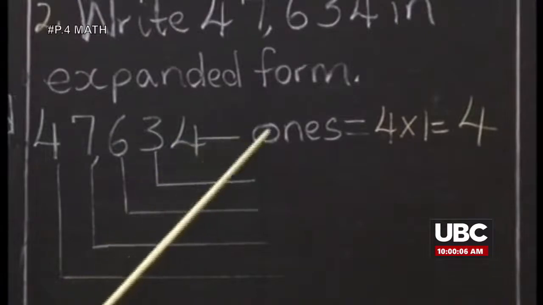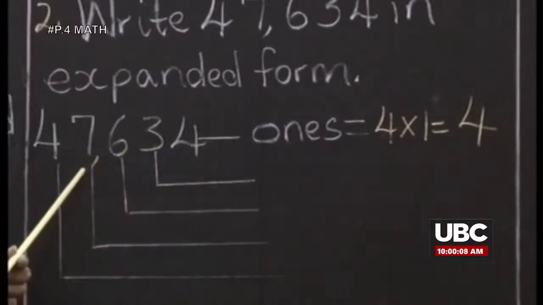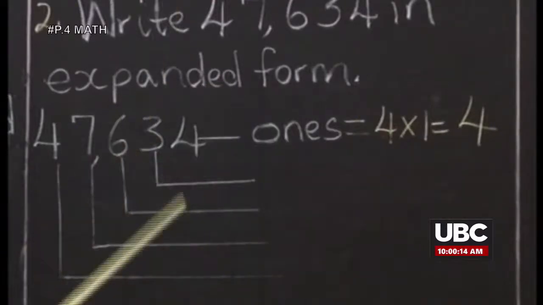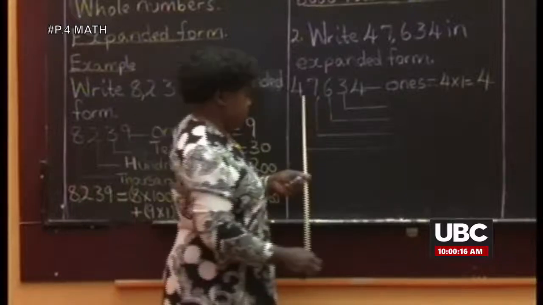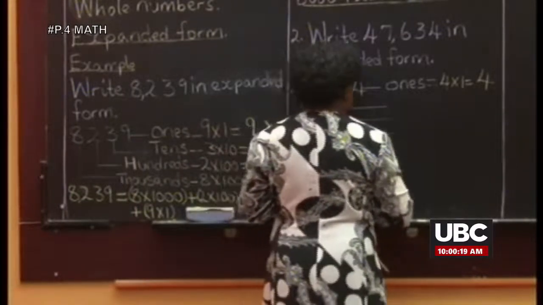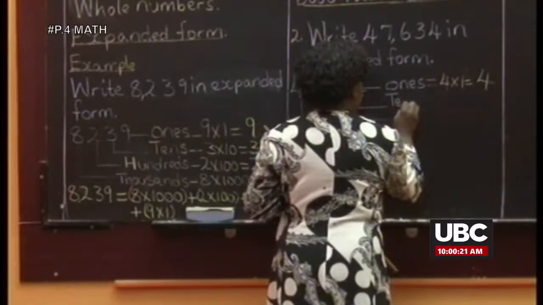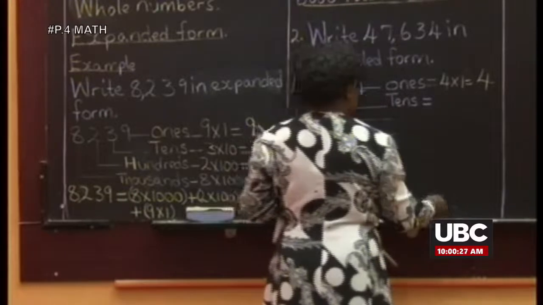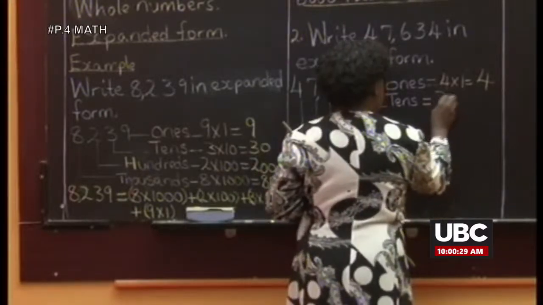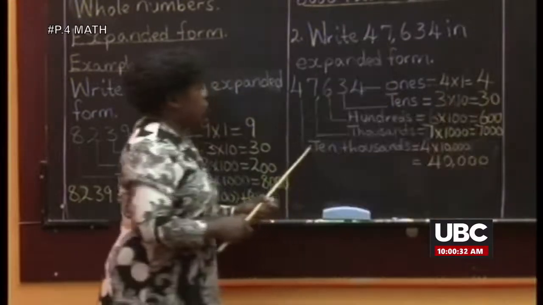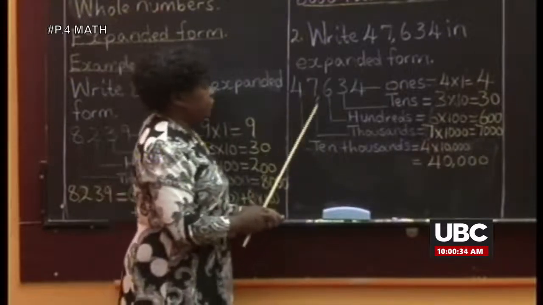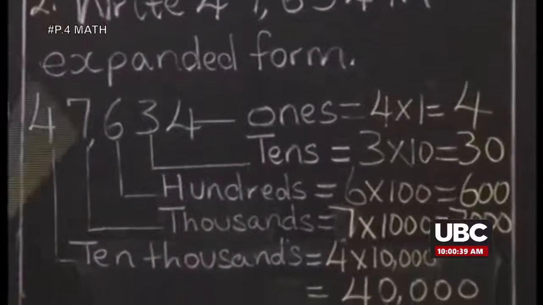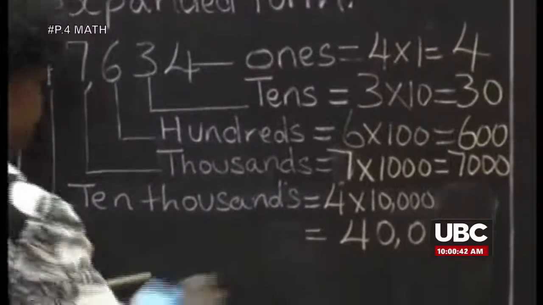And so the value of 4 in this number, 47,634, is 4. So let's get the value of 3. So the value of 4 in this number is 40,000. After we have written in this form, we are going to get down and write our final answer.